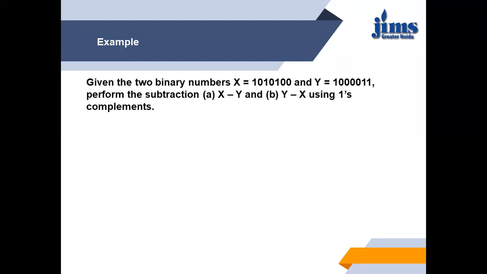First case, part A, when we have to perform x minus y. What do we do first? We take the 1's complement of y and add it to x. The 1's complement of y is nothing but just replace 0 by 1 and 1 by 0.